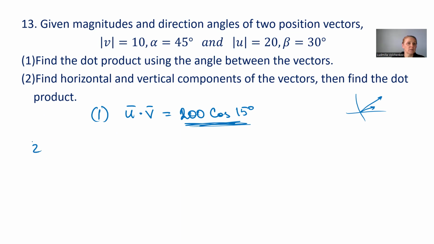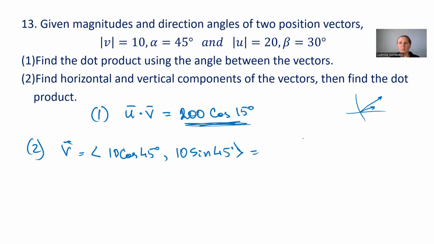For the second one, find horizontal and vertical components of the vectors. So the first vector, vector v, the x component is 10 times cosine 45. The second component is 10 times sine of 45 degrees.